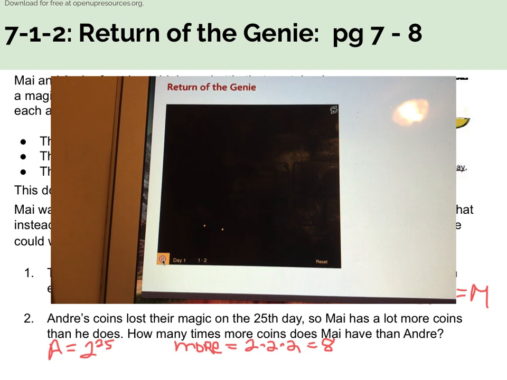So what we're going to do is watch an applet, looking at exponents and how they work, and what they look like if we were putting the coins on a piece of paper.